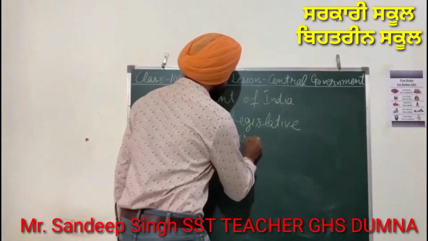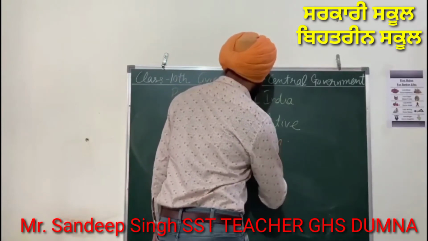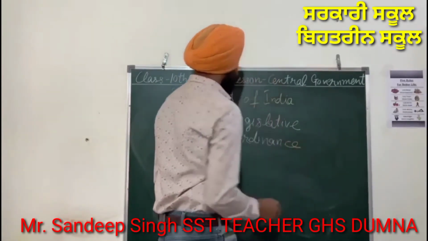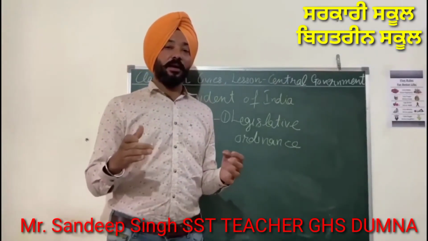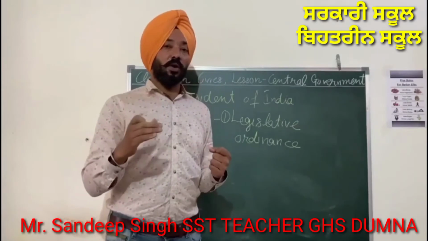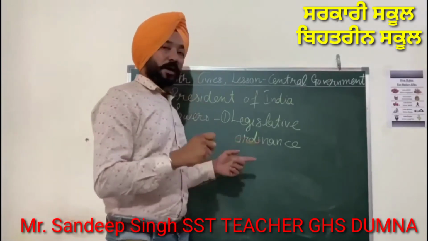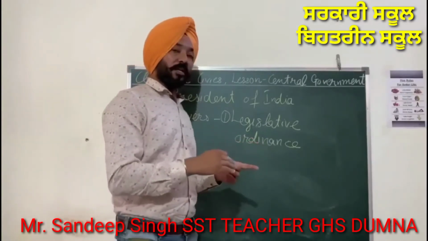What is the ordinance? Like when parliament is not in session and our central government needs to pass a law, then it will be passed with the help of the President. He can promulgate ordinance.